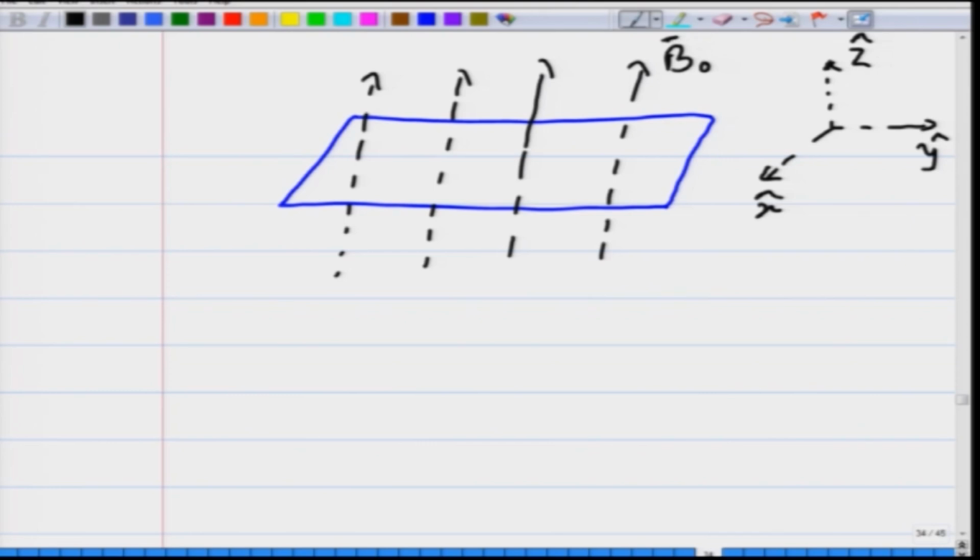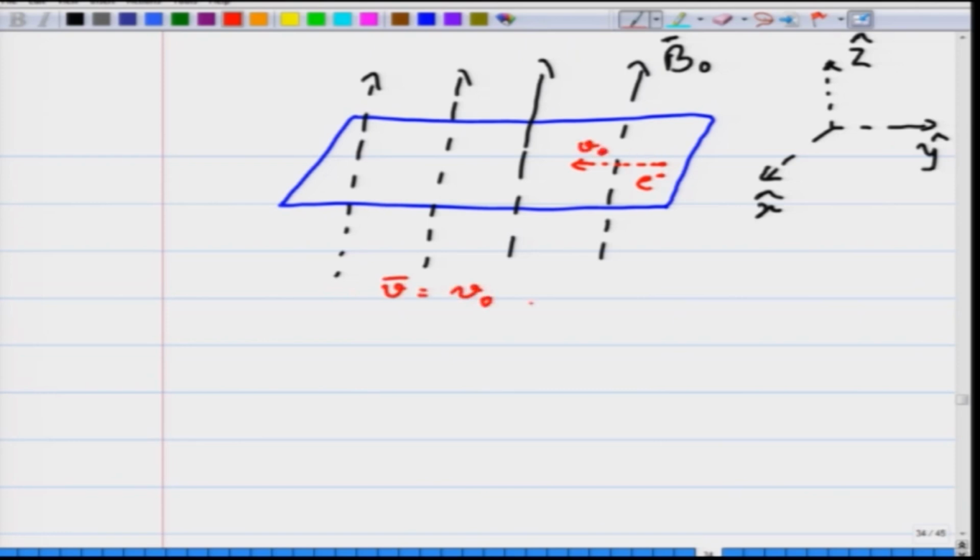Okay. And let us assume that the current is flowing in this direction, therefore, the electrons are flowing in the opposite direction. So, you have electrons which are drifting in this direction. The velocity of the electron is, let us say, V naught.